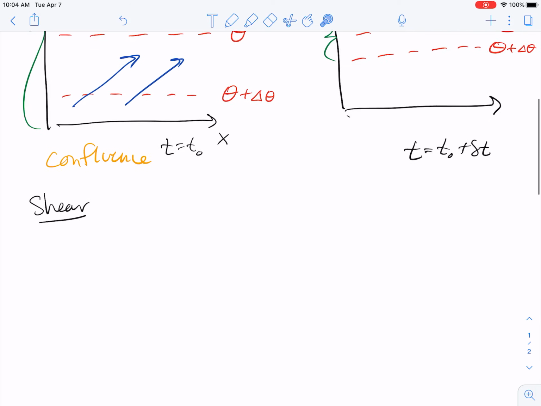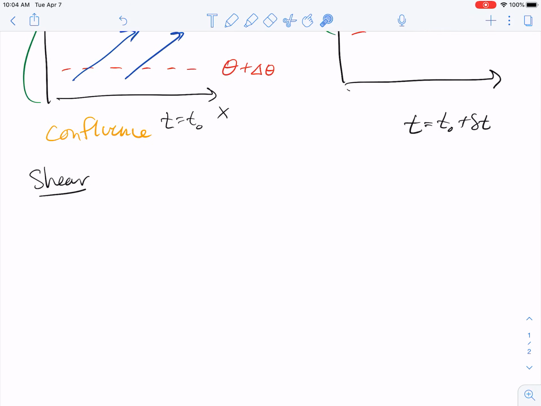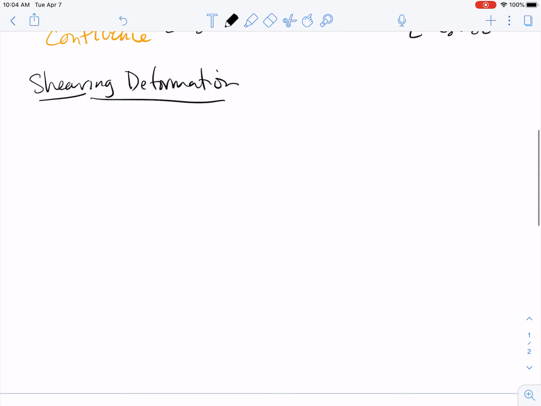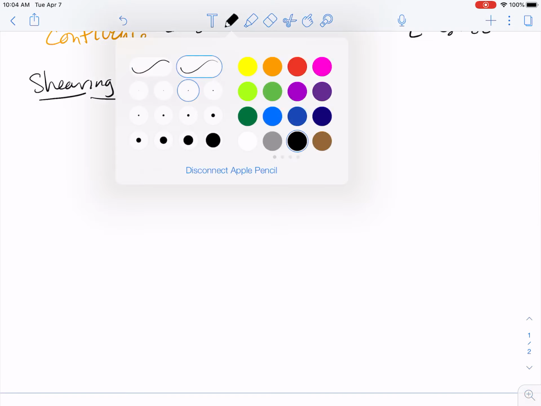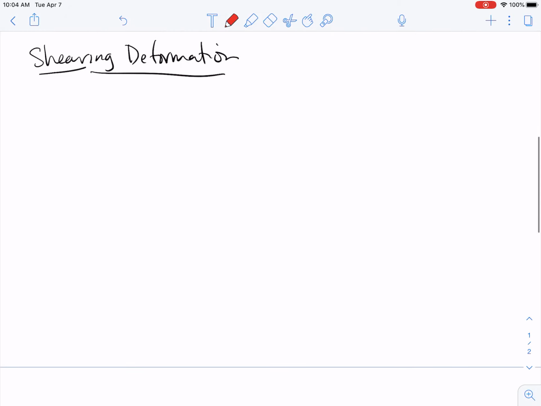And so specifically, we're going to look at this shearing deformation term. And we're going to do so by now considering a temperature gradient in the x direction alone.